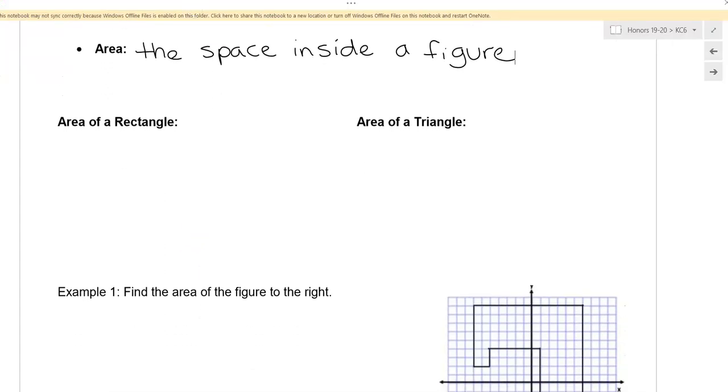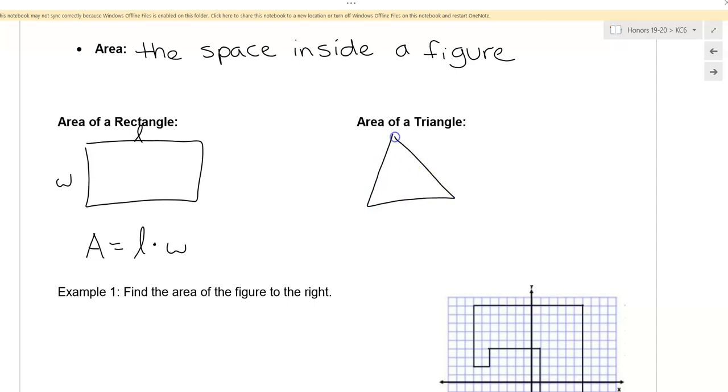So when we have a rectangle, maybe we remember our area of a rectangle: area equals length times width. The area of a triangle, I'm going to draw it slightly differently.